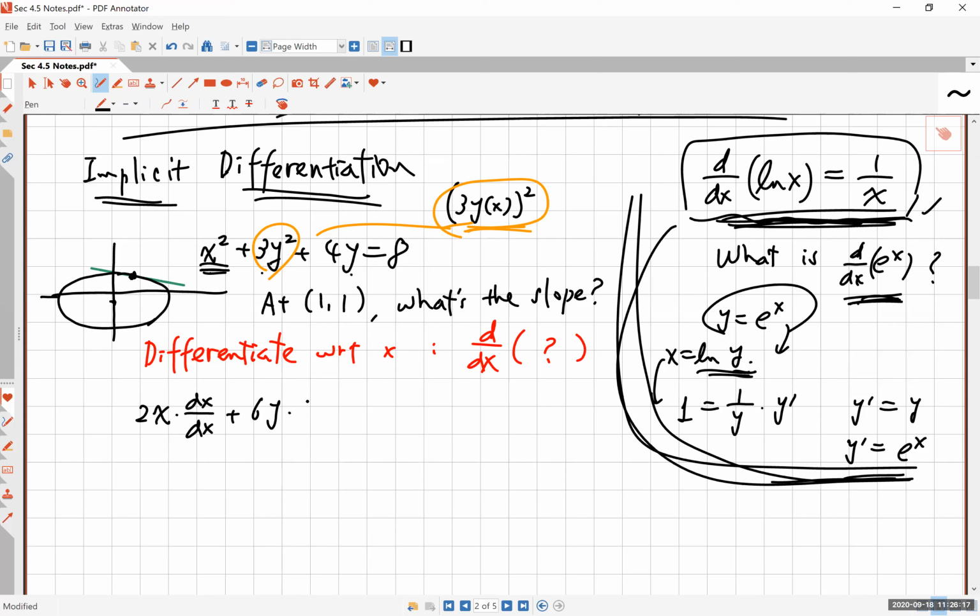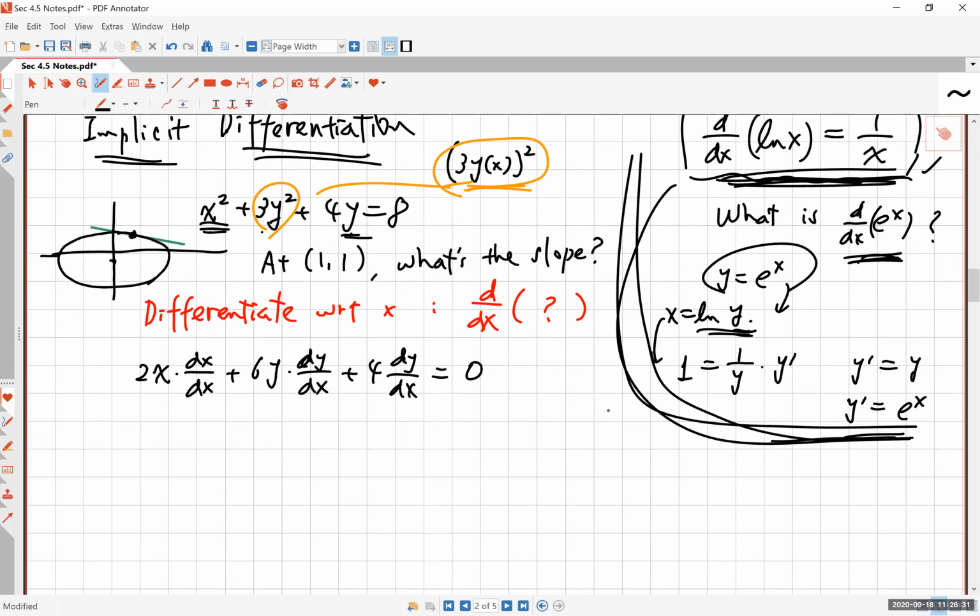I'm going to write this as dy over dx because that's what that is, right? And then plus 4, remember y becomes dy/dx. Okay, the derivative of 8 with respect to x is of course 0 because that's a constant, all right?